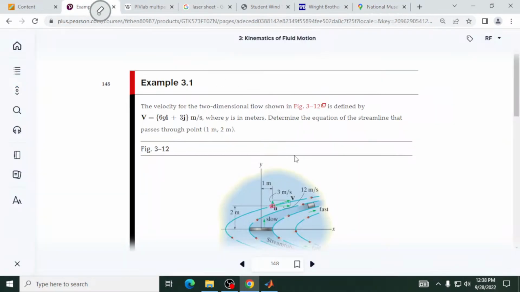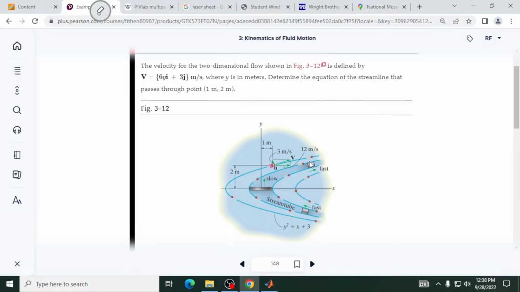So I've gotten way off topic, but we're not going to do much as far as problems in 3 anyway. So here he's got a situation where he's got two-dimensional flow defined by this. So if you look at it, the fact that there's a Y here and there's no X gives you an idea that it's kind of reflected about this.